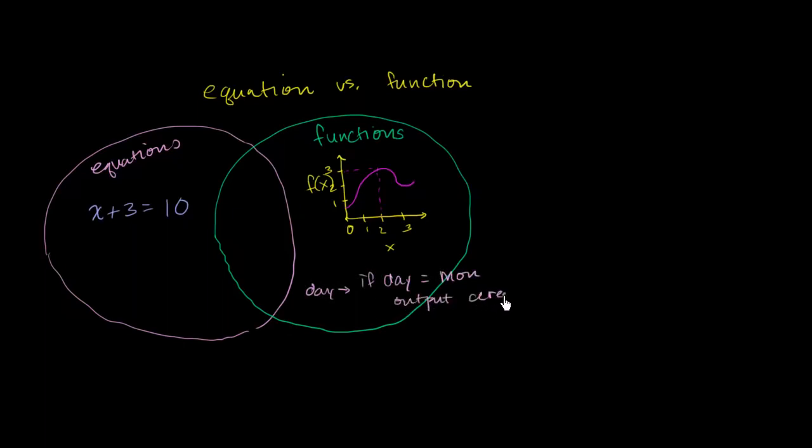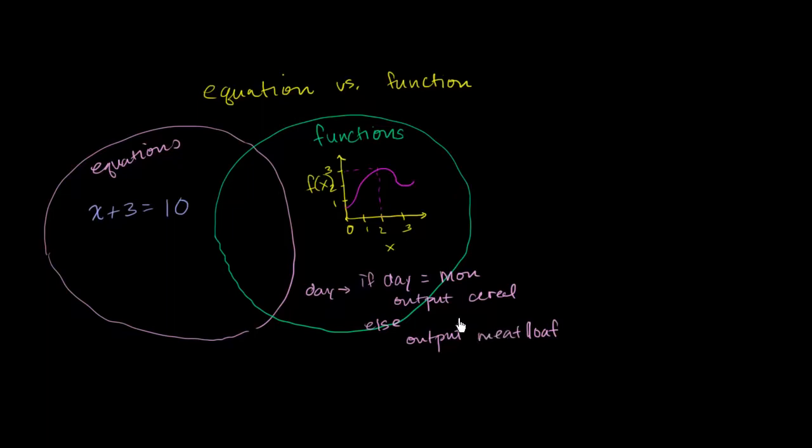So that's what we're going to eat that day, and otherwise you output meatloaf. So this would also be a function and we only have one output for any one day of the week. We're only saying we can only tell you cereal or meatloaf. There's no days where you are eating both cereal and meatloaf, which sounds kind of repulsive.